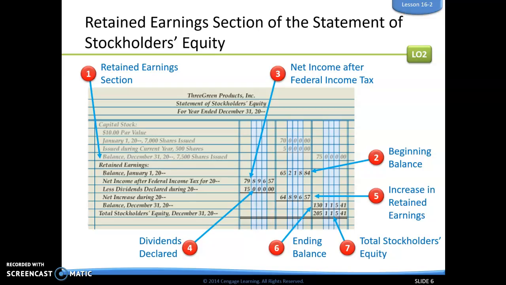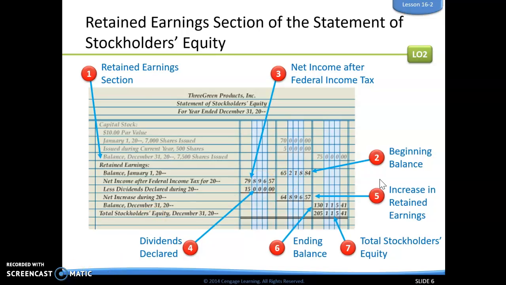Before I move on to our audit understanding questions, I don't think that the slide does a very good job, or it doesn't at all, telling us where we get this information for our retained earnings. So the balance of our retained earnings, this 65,000, that number is going to come off of our adjusted trial balance. So in our adjusted trial balance, we would look at our retained earnings to get this number.